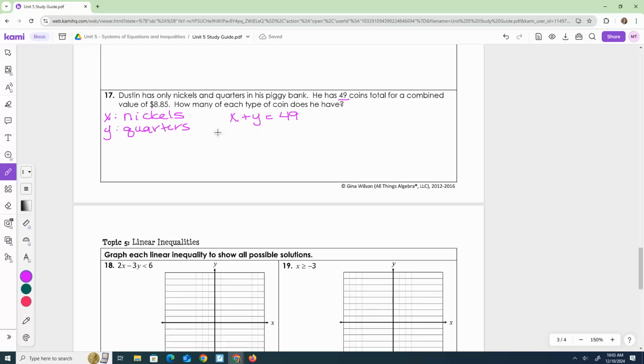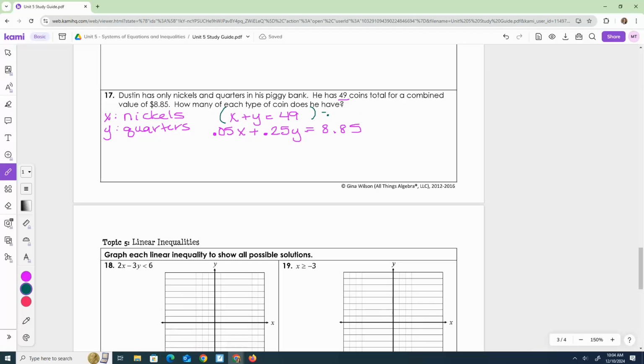How much is a nickel worth? 0.05x plus a quarter is 0.25y equals the total amount of money, 8.85. Now, we could solve this by substitution or elimination. If I want to eliminate x, what would I take my first equation times?